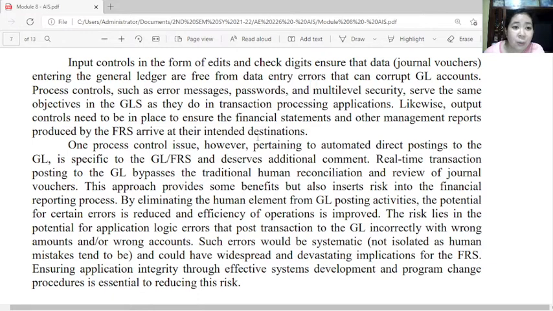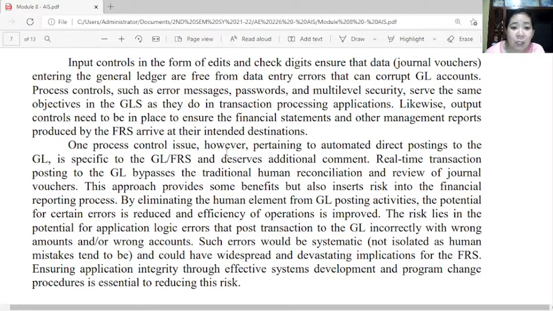So the process controls such as error messages, passwords, and multi-level security will serve the same objective in the GLS as they do in transaction processing applications. So output controls also need to be in place to ensure FS and other management reports produced by the financial reporting systems arrive at their intended destinations.